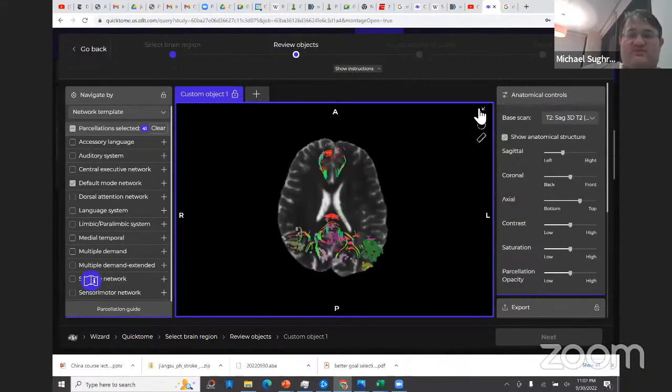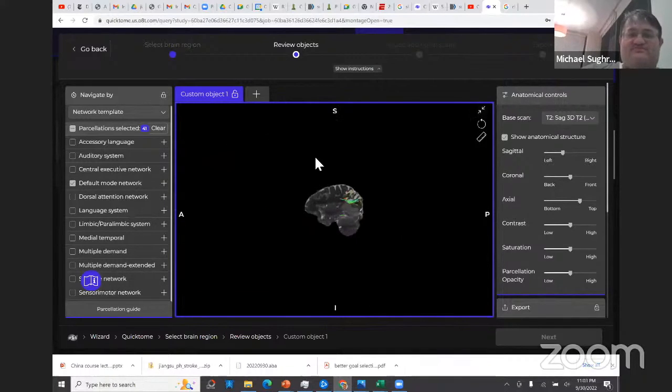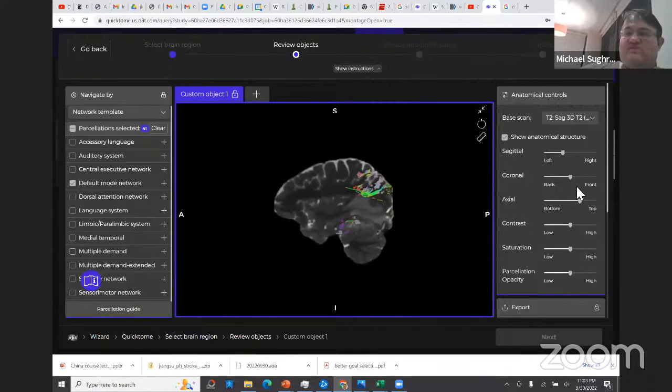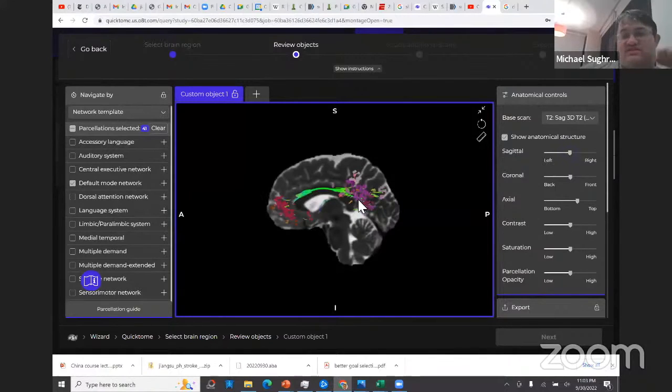Now, if we look here in the midline in the sagittal, you see there's the lateral parietal. Notice this is like angular gyrus, so it's pretty far back. It's not the supramarginal region when I say lateral parietal. And then you can see as we go towards the midline, there's the posterior cingulate in purple, the anterior cingulate, and most of the cingulum bundle is actually doing this. That's what the cingulum does.